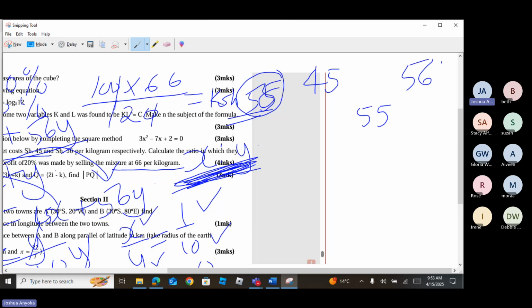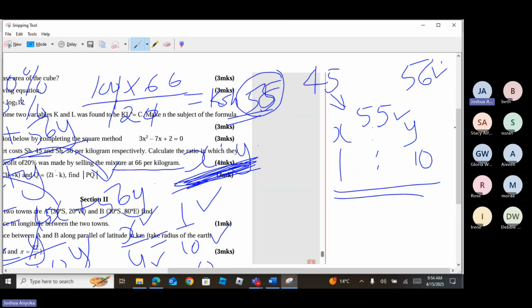Then we subtract diagonally. 55 minus 45, 10. 56 minus 55, 1. And that is the ratio, x is to y. Still, we can get the same answer, and it is marked exactly for.